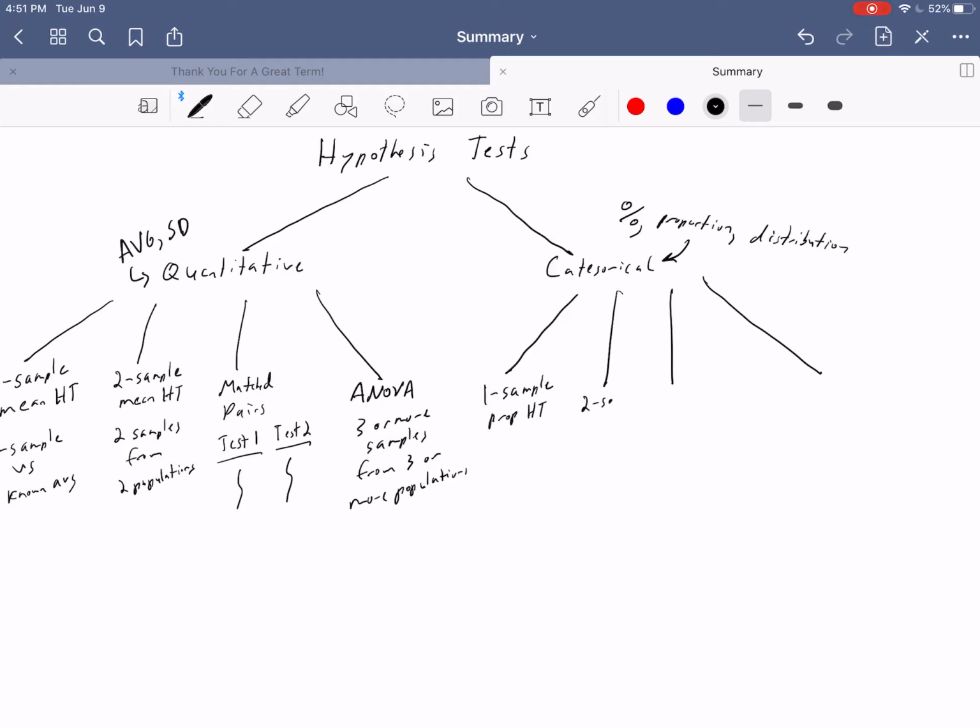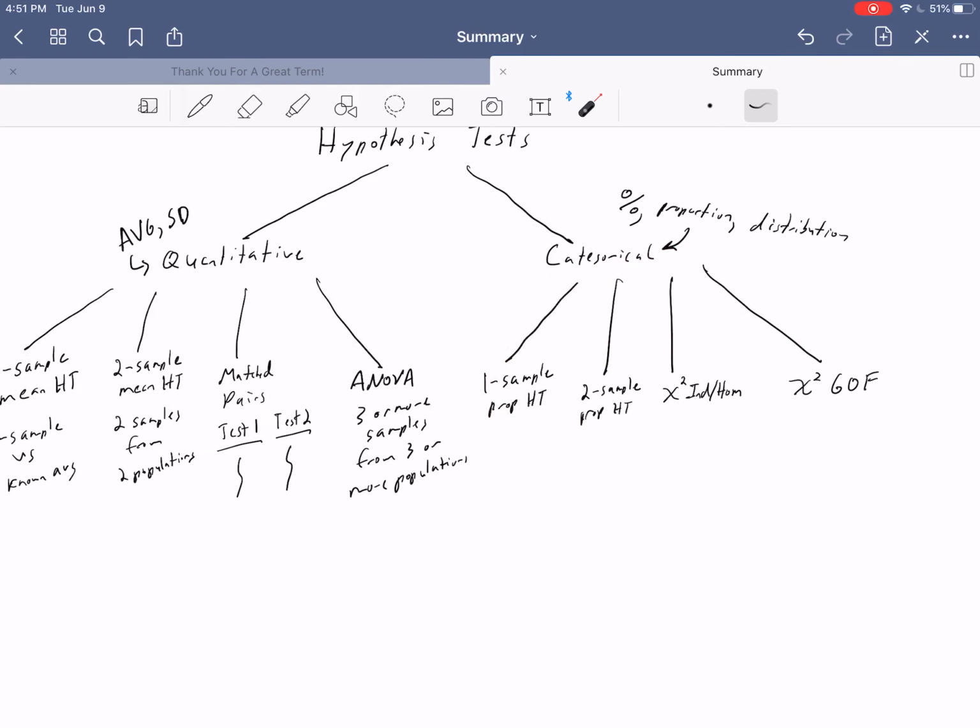We also discussed what we called the 2 sample proportion hypothesis test. Then we learned a couple of global hypothesis tests based on a different distribution called the chi-squared distribution. We learned the chi-squared independence and homogeneity, and we also learned the chi-squared goodness of fit. So those are the 4 procedures that we learned that apply to categorical information.